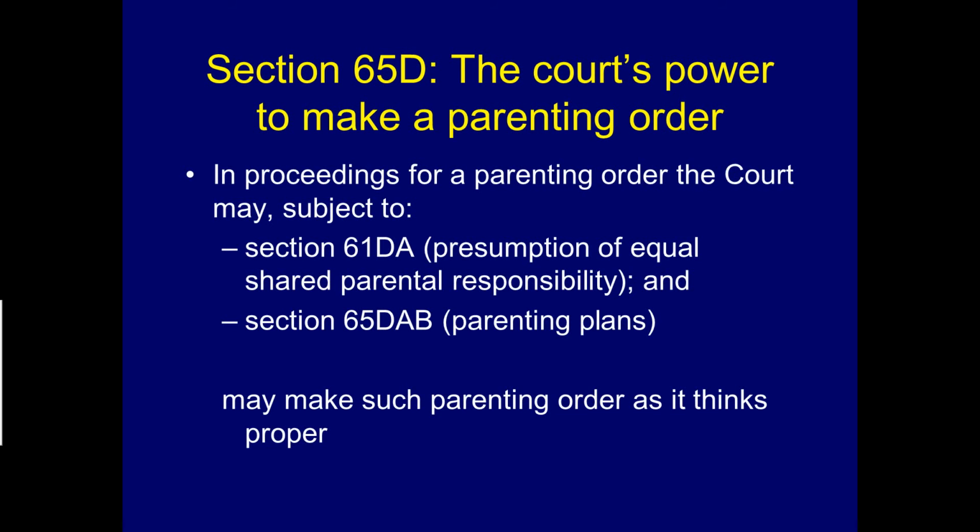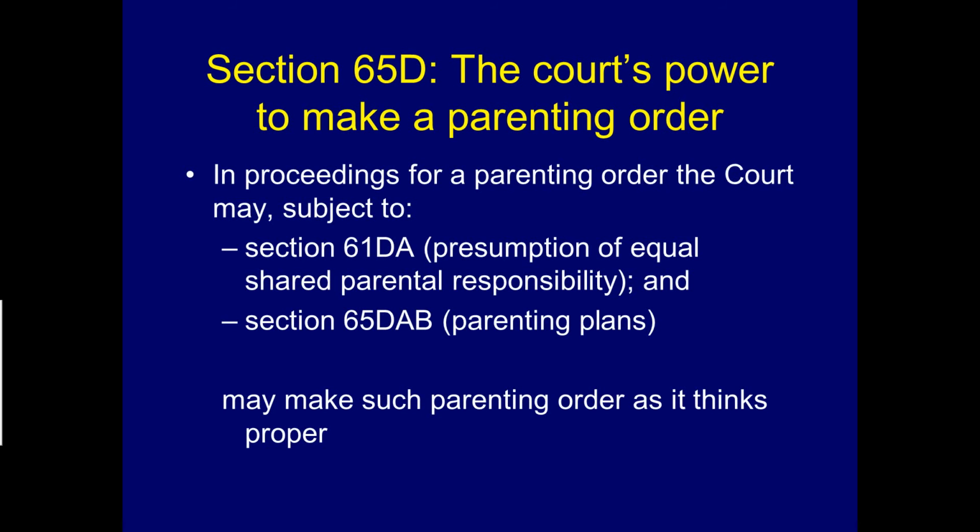So this section says, in proceedings for a parenting order, the court may, subject to section 61DA and 65DAB, make such parenting order as it thinks proper. Now, that means the orders the court makes are subject to applying the presumption of equal shared parental responsibility in section 61DA.